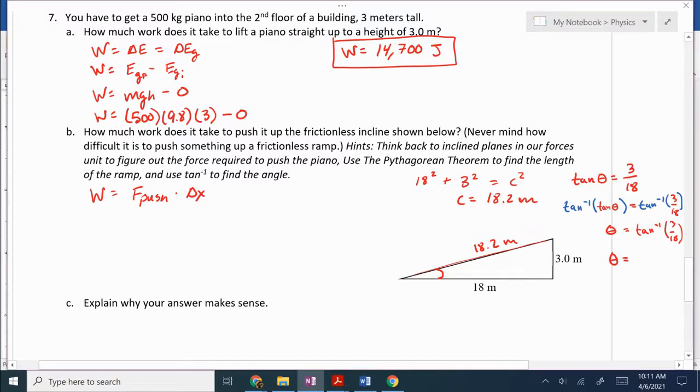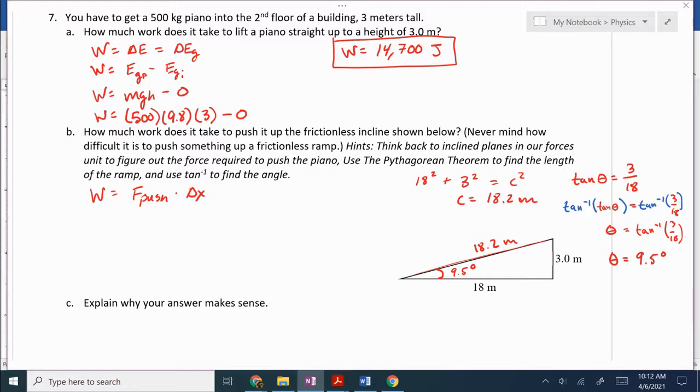Inverse tangent of 3 divided by 18 gives me 9.5 degrees. All right, so that's part of it. You'll see why we need the angle in just a second.